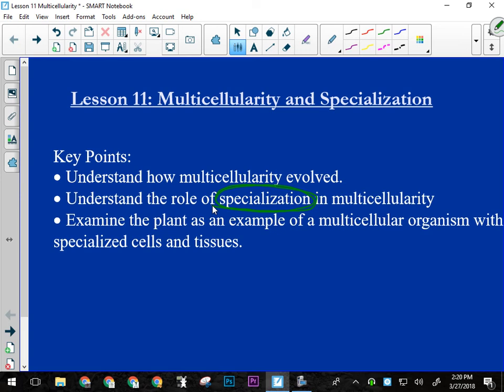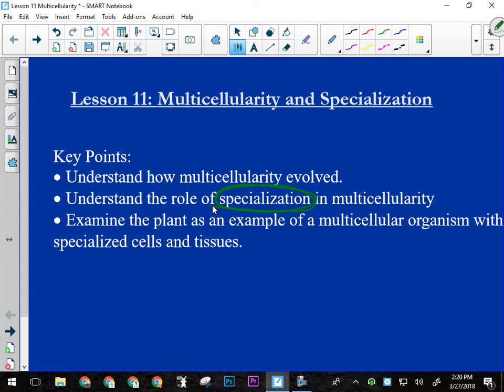There are essentially two kinds of multicellular organisms: ones that are colonies where all the cells are the same, and ones that are true multicellular organisms, where this group of cells does this job and this group of cells is specialized to do that job. So if they have specialization, then they are a true multicellular organism.